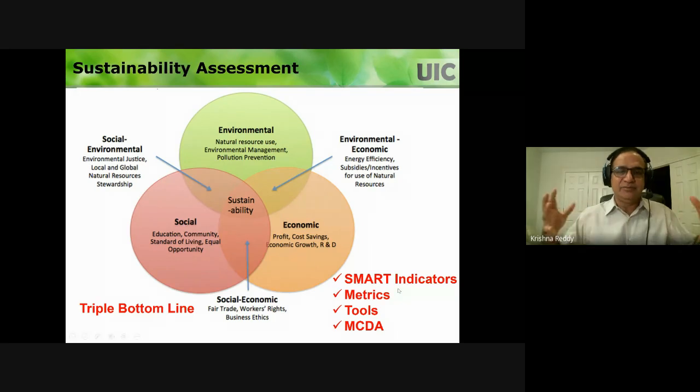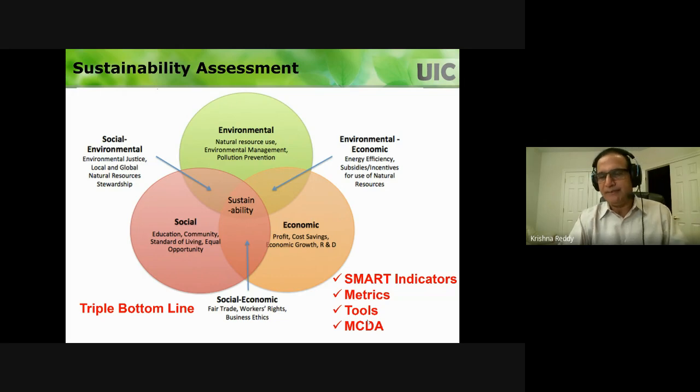So when you have this bunch of indicators with numerical values, how do you come up with some kind of a conclusion? That's where we need multi-criteria decision analysis tools, where we can use all these indicators and their metrics, and come up with some kind of a rational justification for whatever we are saying.